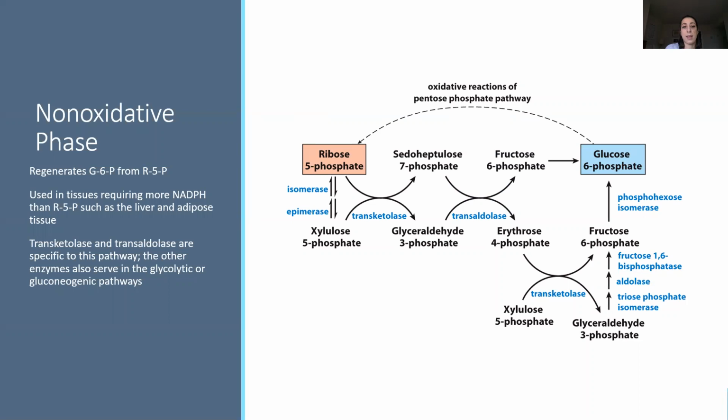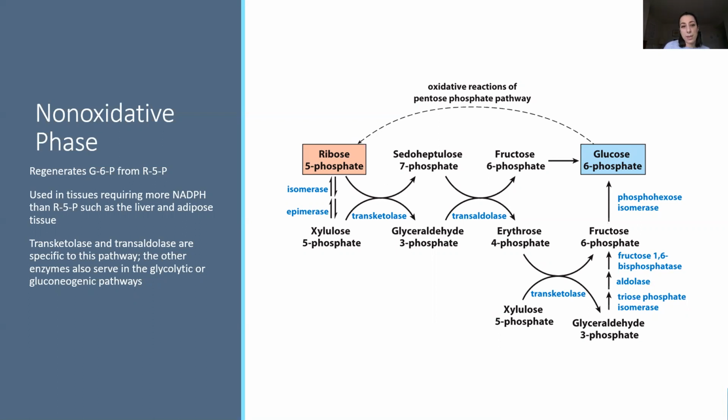So let's see what that looks like. Now, remember in the reverse, we're actually generating a 6-carbon molecule from something that has 5 carbons. So we have to generate glucose 6-phosphate from ribose 5-phosphate and xylulose 5-phosphate. This ribose or ribulose, right? So we're technically using ribulose and xylulose.